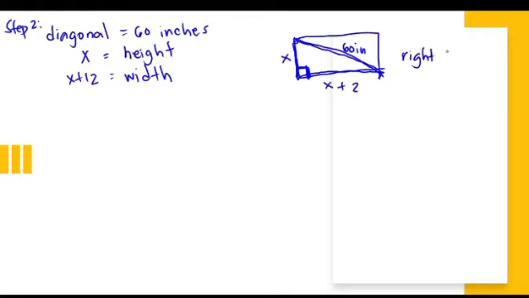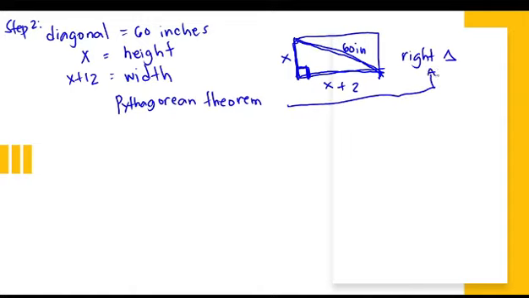So manggagaling tayo sa right triangle. And if you can remember, meron tayong tinatawag na Pythagorean theorem that we can use in this particular example because we are dealing with right triangles.